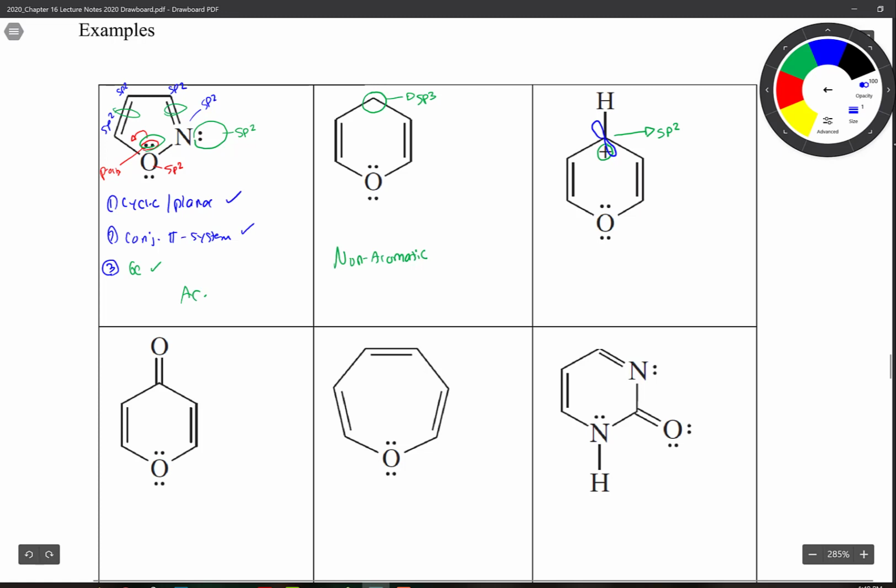There's a p orbital here, and here, and here, and here. So we are cyclic. We're planar. So do we have a conjugated pi system? Well, if we make this sp2, then this would be in a p orbital.